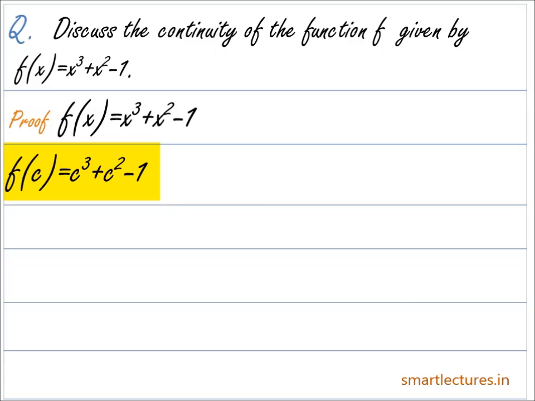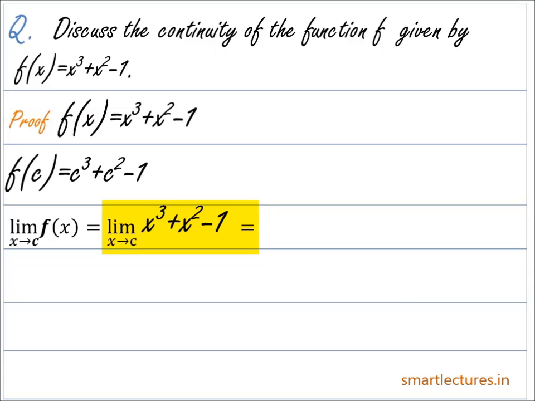Now limit x approaches c, f of x is equal to limit x approaches c of x cube plus x square minus 1, which is equal to, now when x approaches c, then x cube approaches c cube and x square approaches c square, and 1 is a constant. So the value of the limit is finally equal to c cube plus c square minus 1.